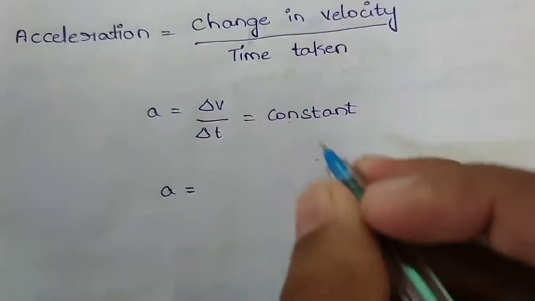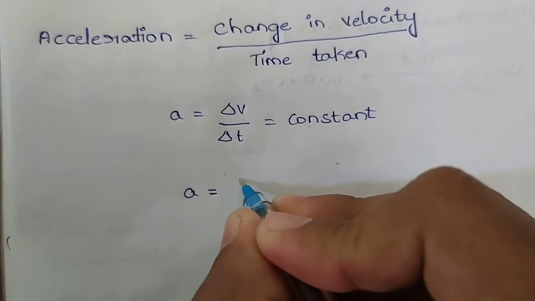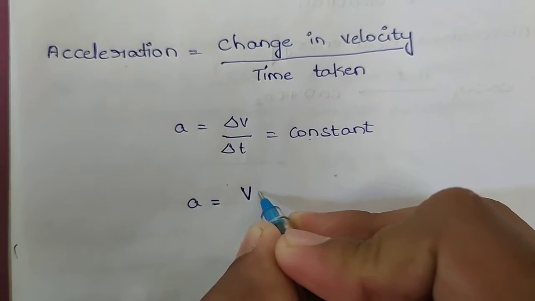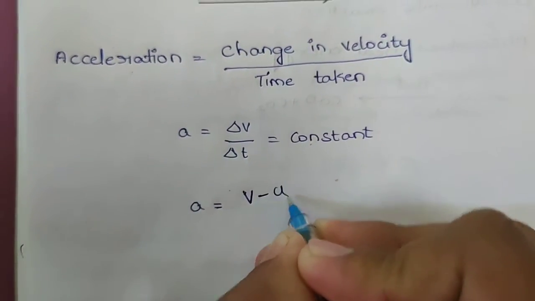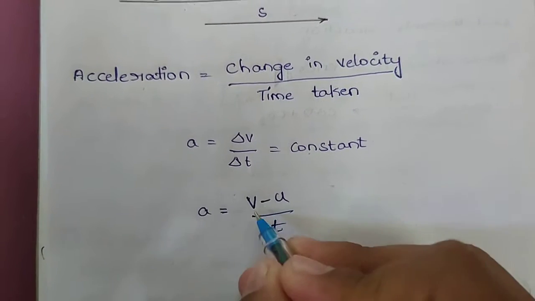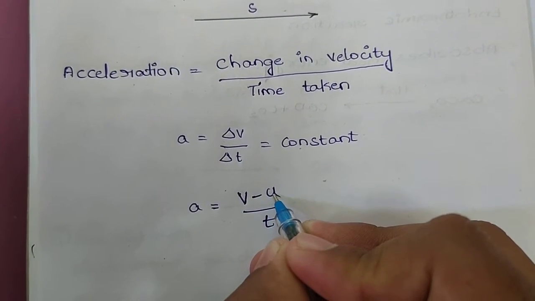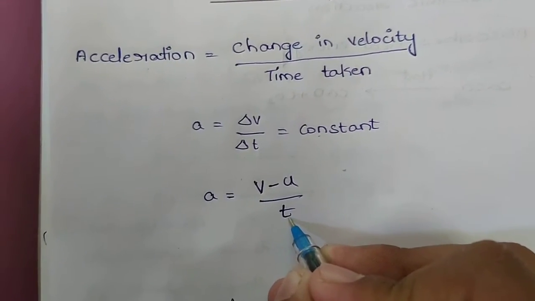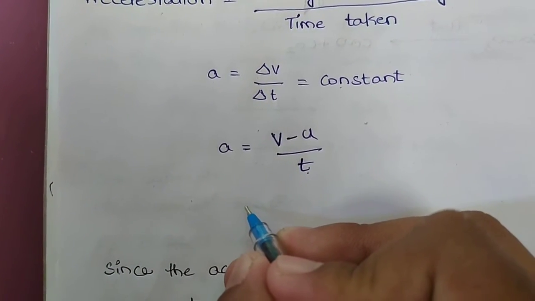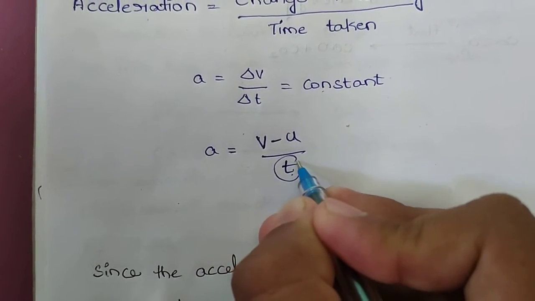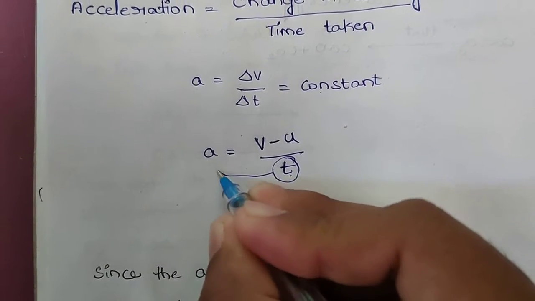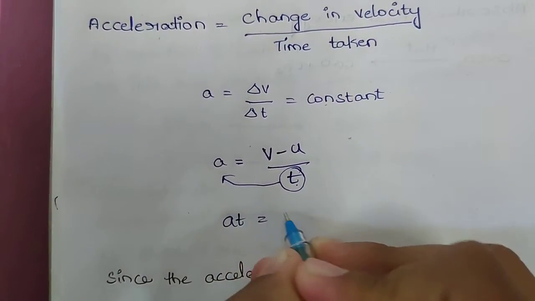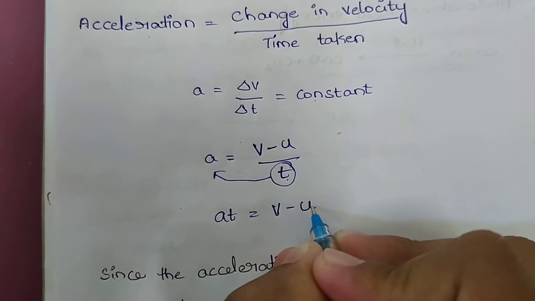Now I can write this delta v as v minus u, where v is my final velocity and u is my initial velocity, divided by the time taken t. Now I'll shift this t to the left side, so I get at is equal to v minus u.